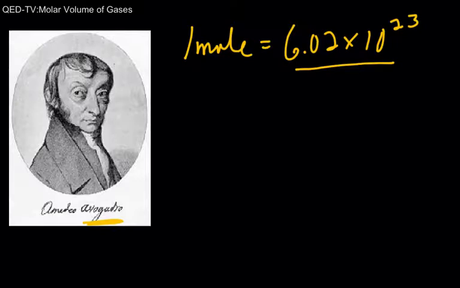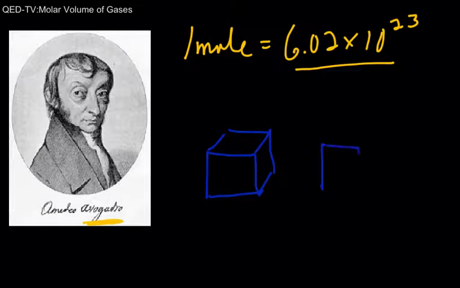And primarily because Avogadro was doing a lot of experiments with the amount of particles in gases. He was interested in experimenting with different gases. And Avogadro said that if you take 2 equal volumes, so let's make like 2 boxes here that are exactly the same.